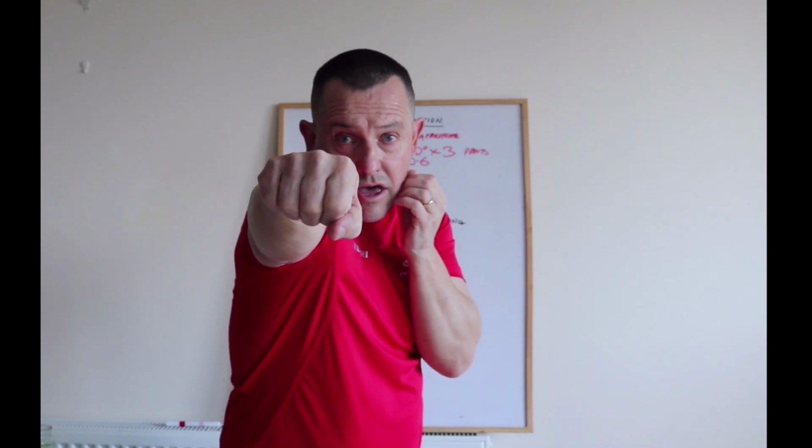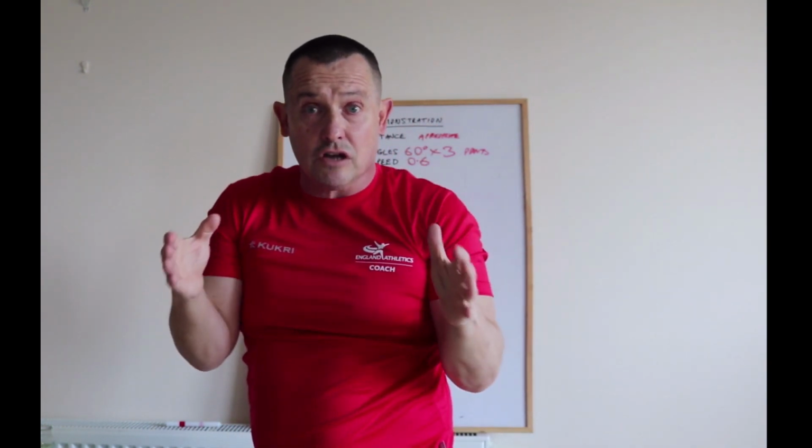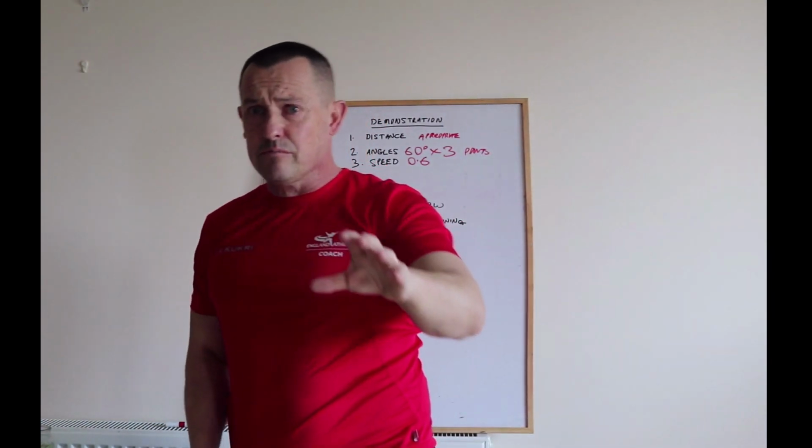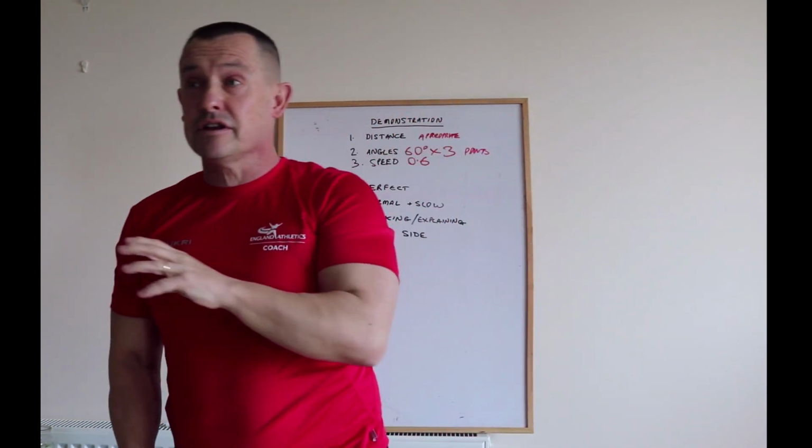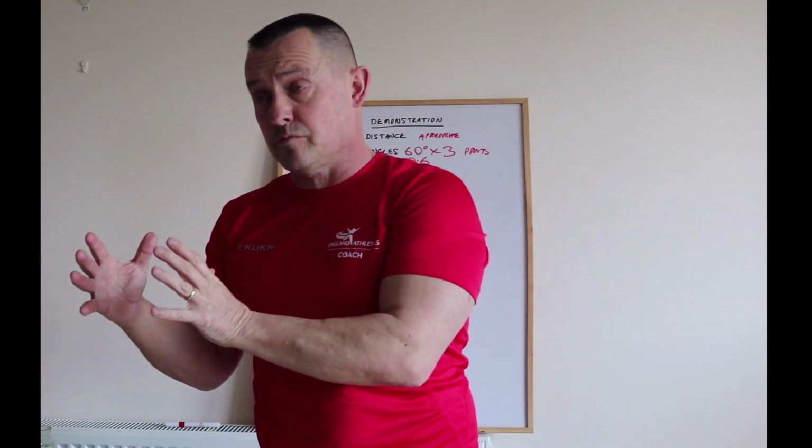So I've got my jab, goes to there, my cross goes to there, and then I retract, reset back to my start position. It's very important, and I'll mention this later on in the course, no doubt. If you have a good start position, you have a very good chance of getting to a good finish position. If you have a poor start position, you have virtually no chance of getting to a good finish position. So take the time to set up right.